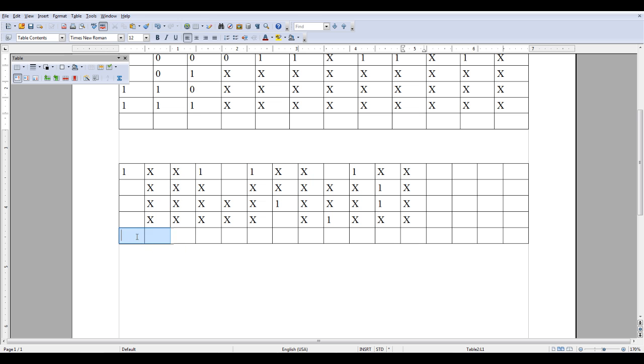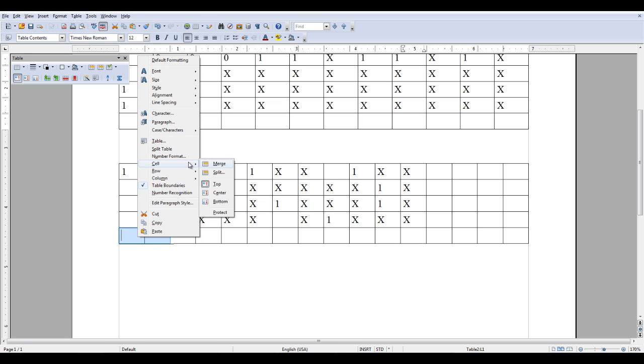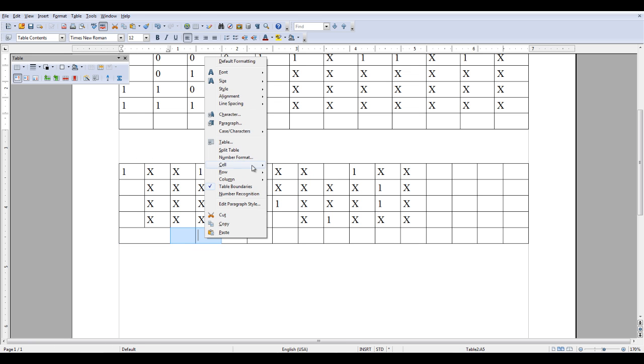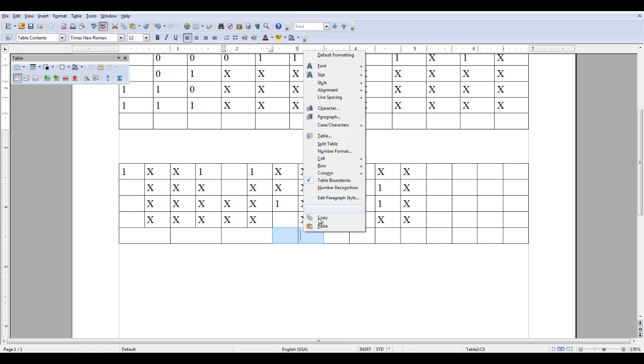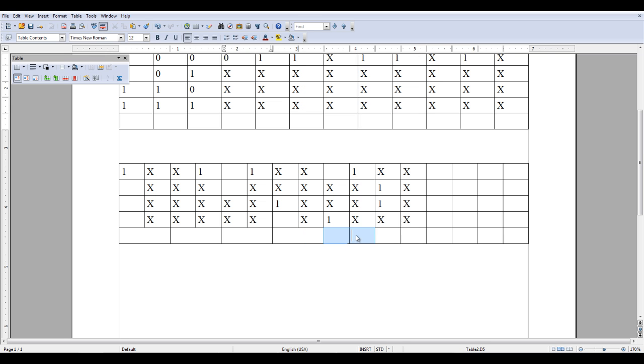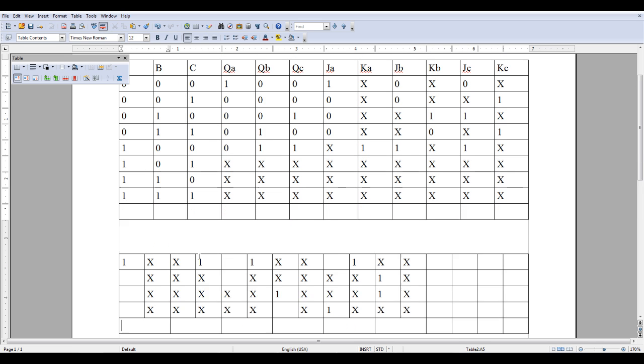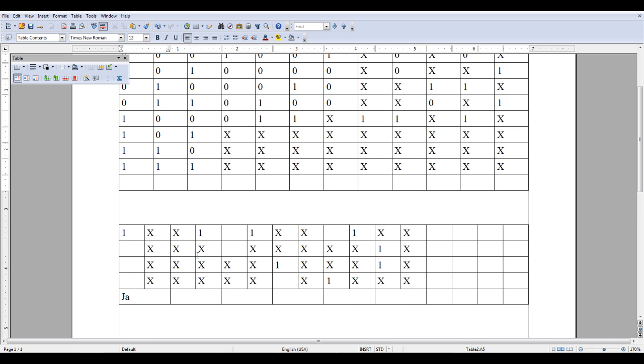So for this, let's merge cells. Okay, so this is JA, well, we would have to highlight these two.